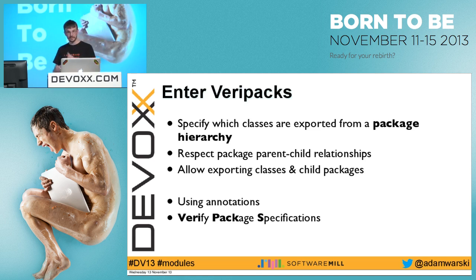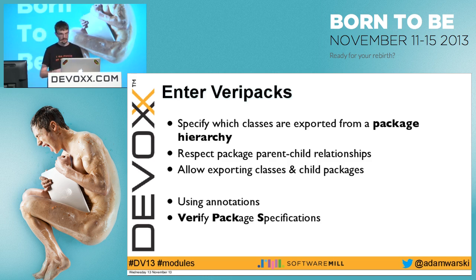Okay, and that's the problem that Veripacks tries to solve. The name comes from verify package specifications. Using annotations, you can specify which classes are exported from a package hierarchy.